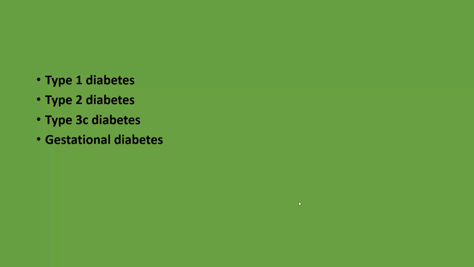Sometimes you can even diagnose type 1 diabetes at the age of 70. You would suspect type 1 diabetes if a patient is presenting with significant weight loss, and sometimes they might present with DKA or some amount of ketones. So even if it's an adult, you would suspect type 1 diabetes.